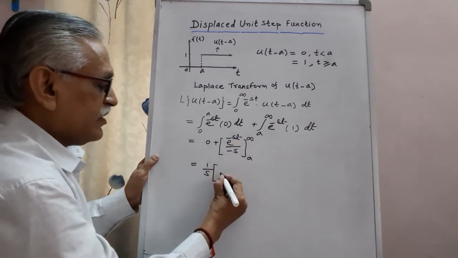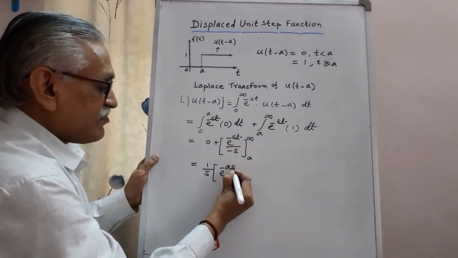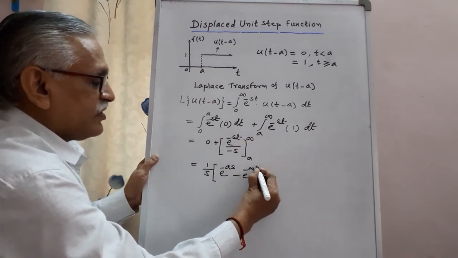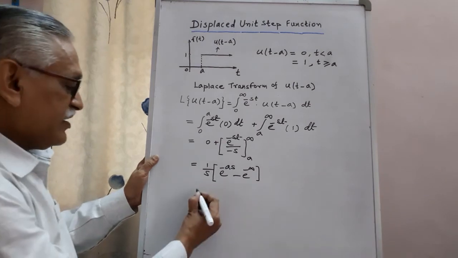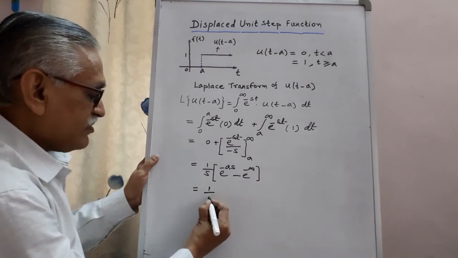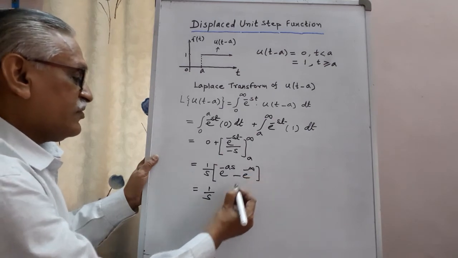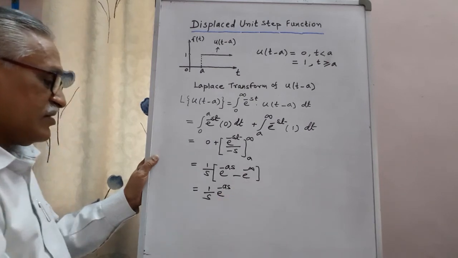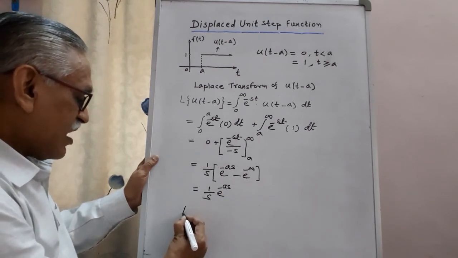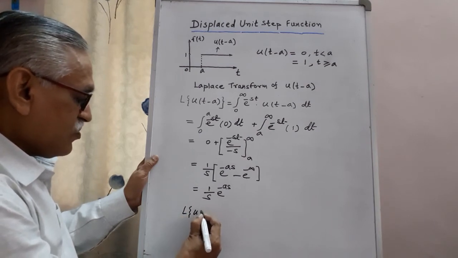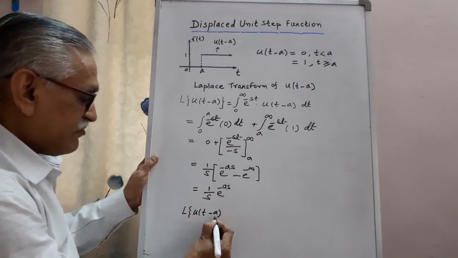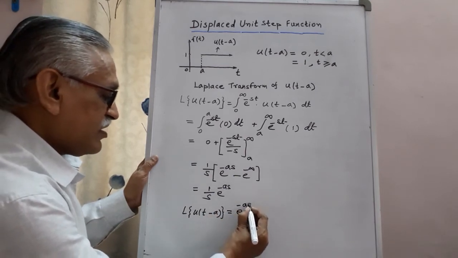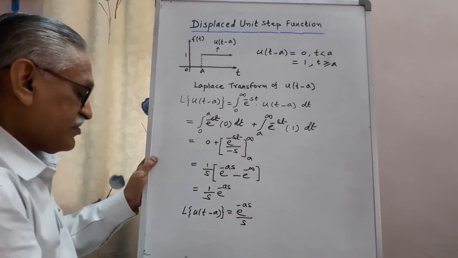Therefore, for the upper limit, it is e raised to minus as, and minus the lower limit at infinity, e raised to minus infinity, which is 0. It is equal to 1 by s times e raised to minus as. Therefore we get the Laplace transform of U of t minus a equal to e raised to minus as divided by s.